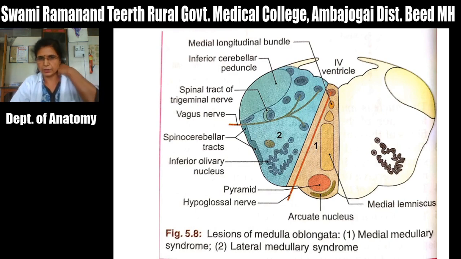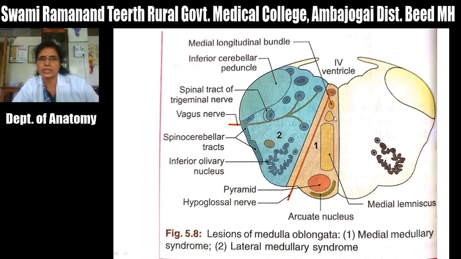As we have seen in the blood supply, the median part of the medulla is supplied by the anterior spinal artery, and a lesion of this artery damages this median part and leads to medial medullary syndrome.